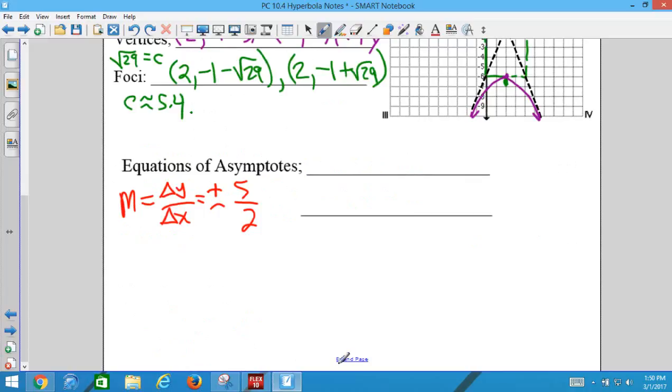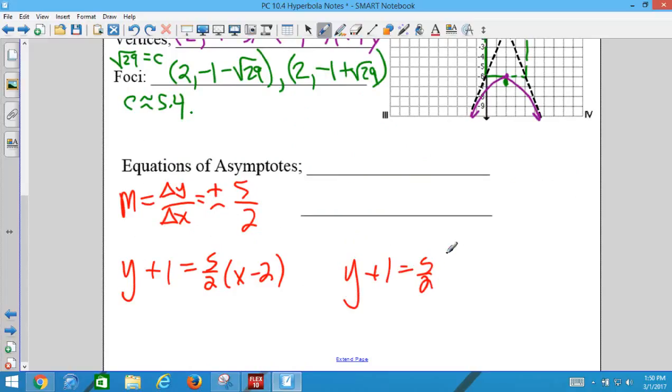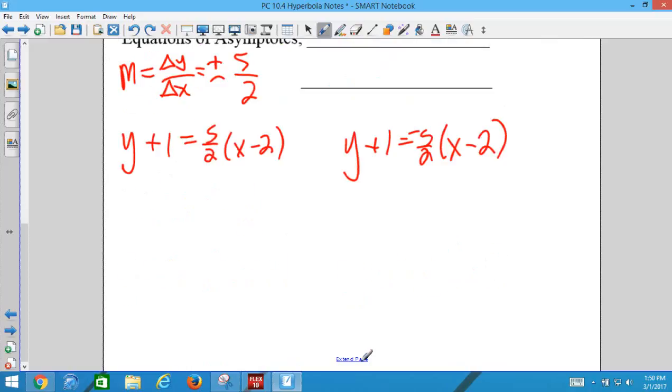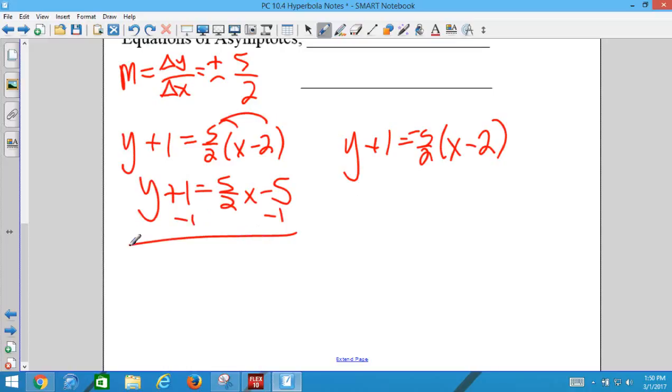We'll use our center point, I already forgot, 2, negative 1. y plus 1 equals 5 halves times x minus 2, and y plus 1 equals negative 5 halves times x minus 2. You distribute. y plus 1 equals 5 halves x, and when I multiply 5 halves times negative 2, I get negative 5. So when I subtract 1, I get negative 6.